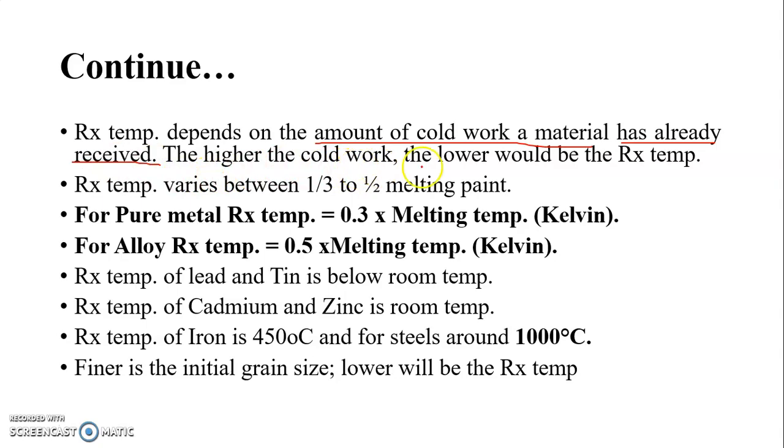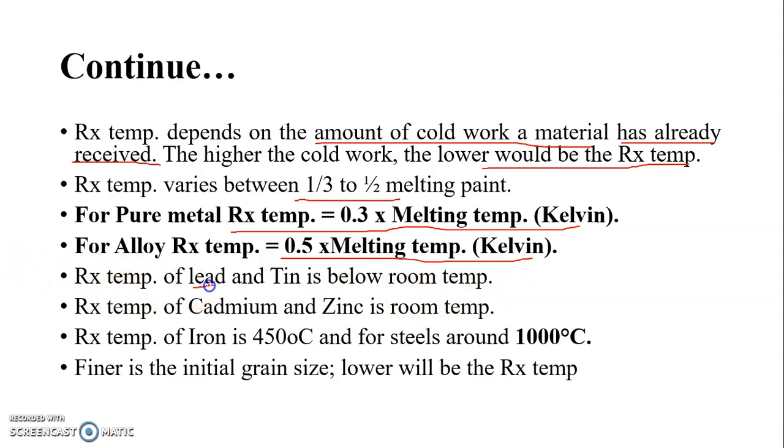The higher the cold work, the lower the recrystallization temperature. Recrystallization temperature varies from 1/3 to half of the melting point. For pure metals, it is 30% of the melting point, and for alloys, it is 50% of the melting point temperature.